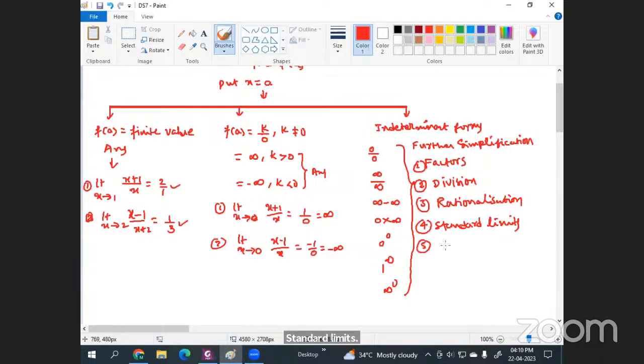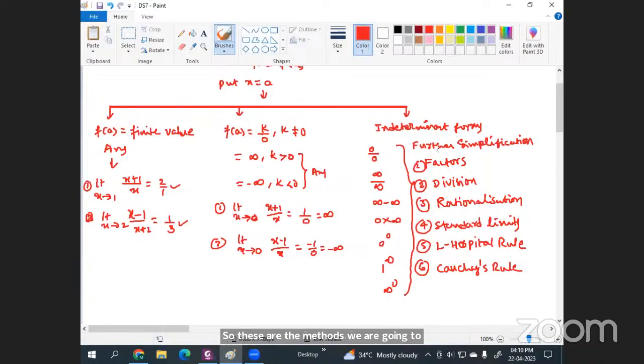And fifth one, you may find L'Hopital rule. Sixth one, we have Cauchy's rule. So these are the methods we are going to get.